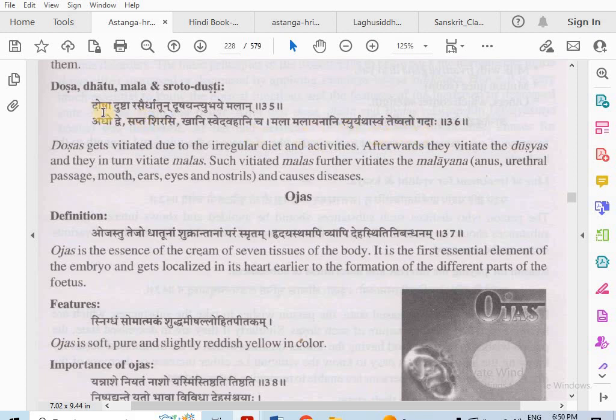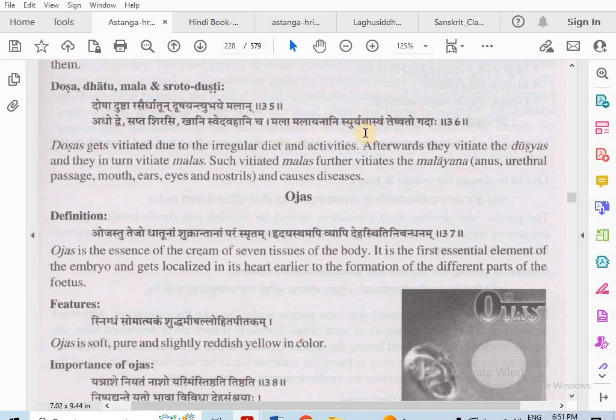Now as we understood this connectivity, due to rasa, doshas are vitiated, dosha vitiates the dhatu, then dhatu vitiates the malas. Accordingly, yathasvam, these sites of waste product are also vitiated due to mala.